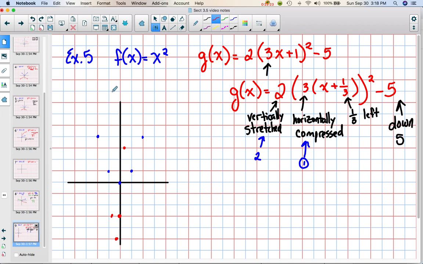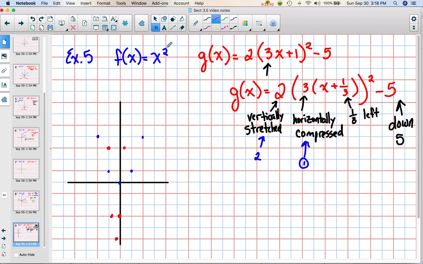So now I'm here. I need to go 1/3 to the left, which puts me at -1, and then I need to go down 5. 1, 2, 3, 4, 5. And I'm here.